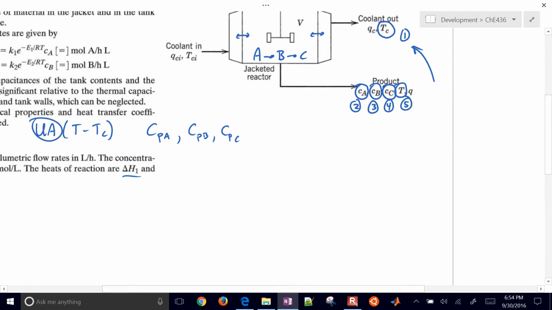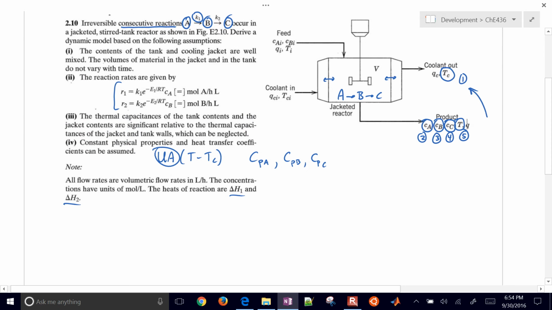Okay, so number 1 is going to be this coolant out. I'm going to start with 1, and we'll just go ahead and do an energy balance. So the enthalpy of accumulation, this amount of fluid that's in there, is going to be equal to the enthalpy in minus the enthalpy out plus an exchange of heat between the reactor and the cooling fluid.